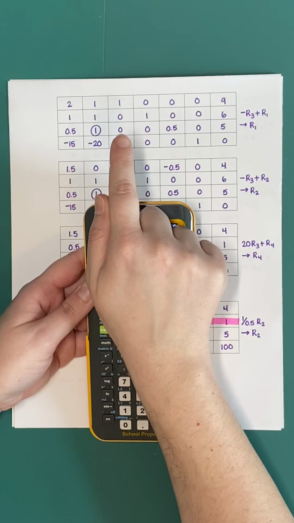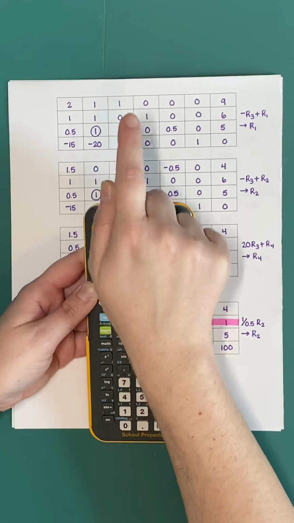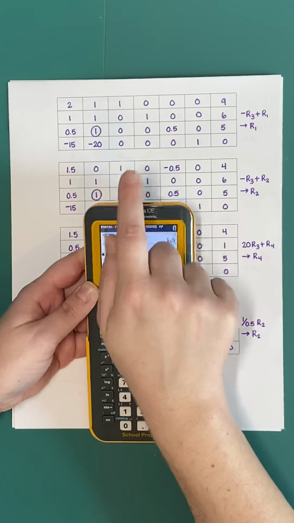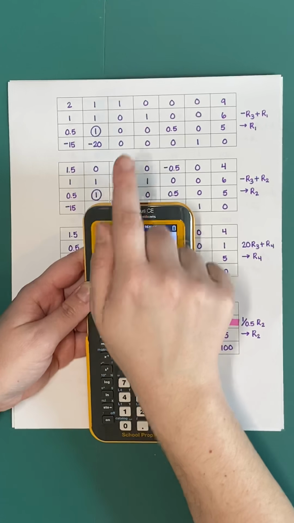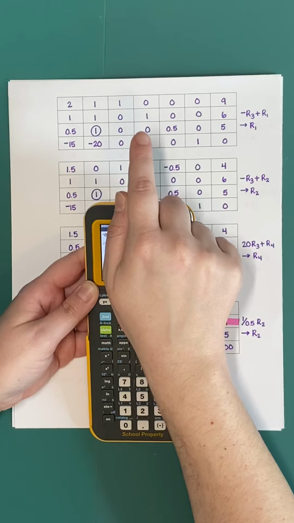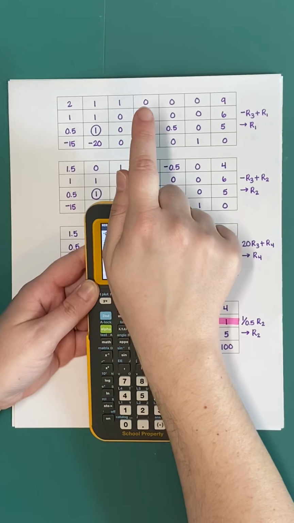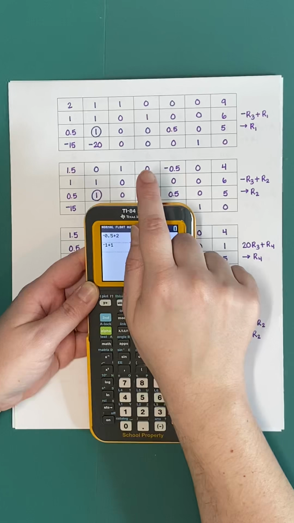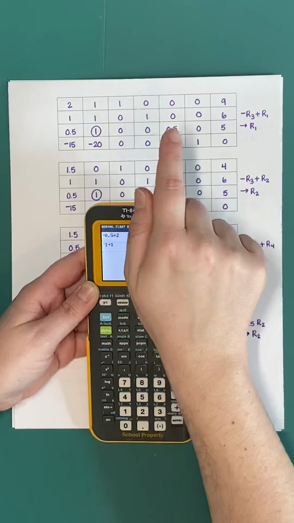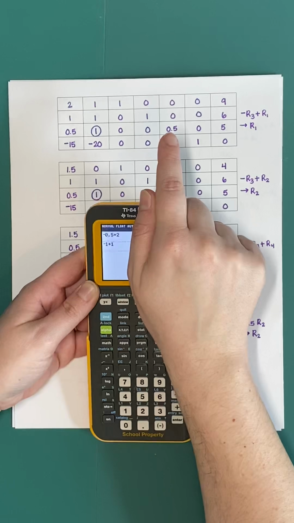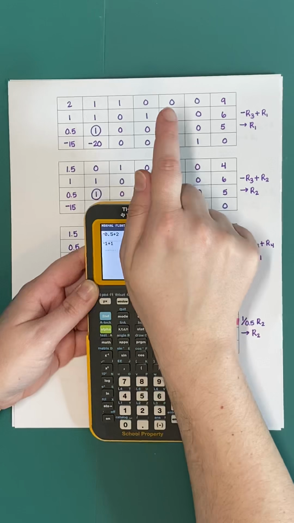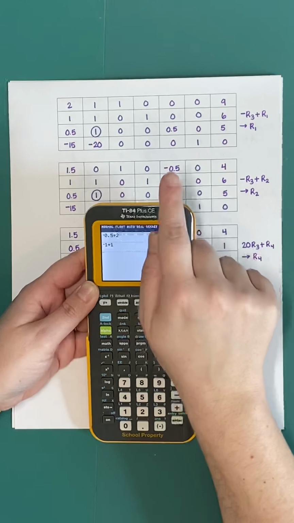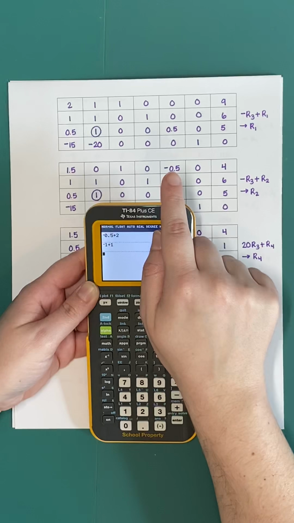Negative row 3. Negative 0 is just 0. Well, 0 plus 1 is still just 1. So that element doesn't change. Negative 0 plus 0 is still just 0. So that one doesn't change either. Negative 0.5 plus 0 is going to be negative 0.5, so that goes there.